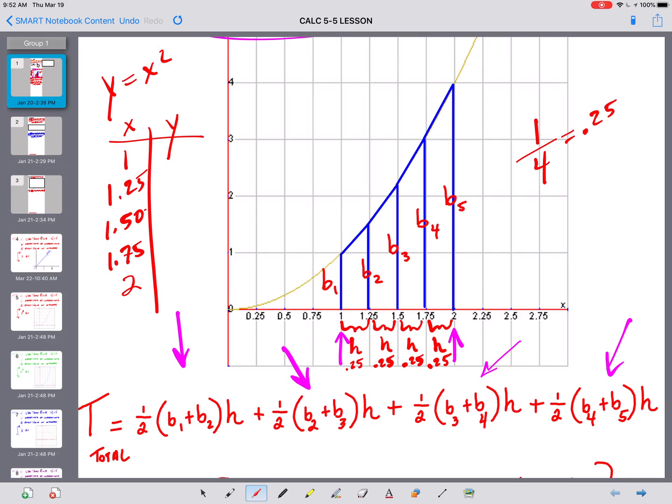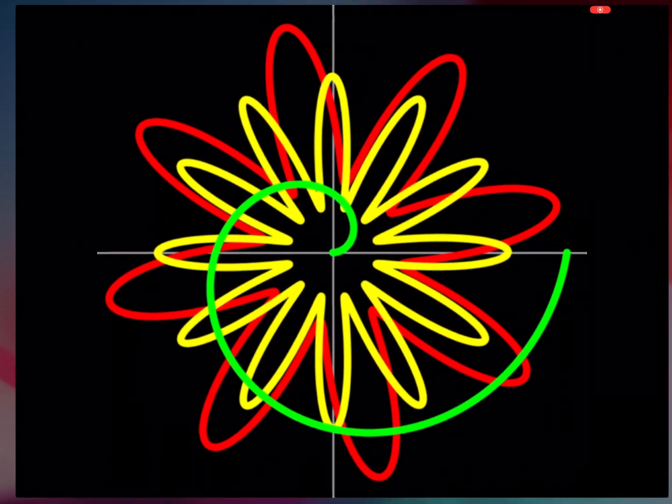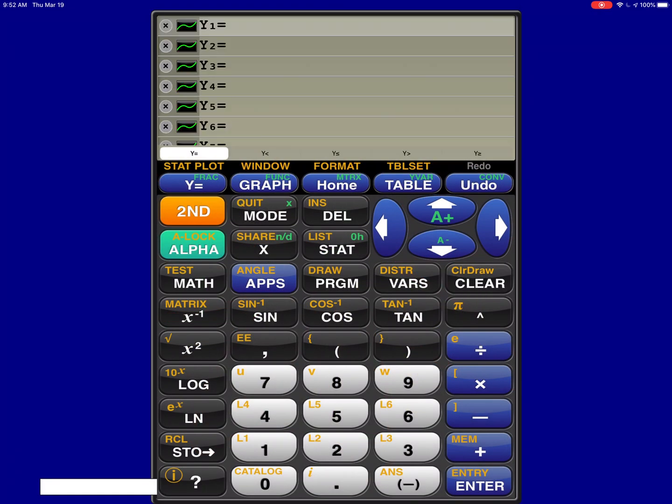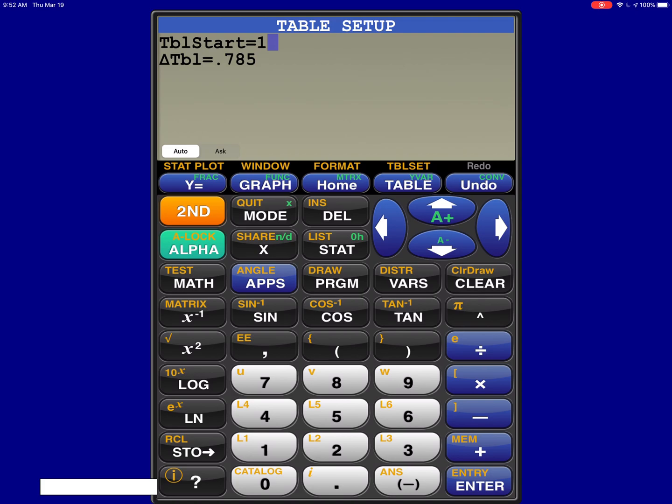Let's do that in our calculator. Y equals x squared. I'm going to start my table at 1 and change the table by 0.25. Okay, clear it out, equation is x squared. Let's go to our table set. I wanted to start at 1, and I wanted the table to change by 0.25.